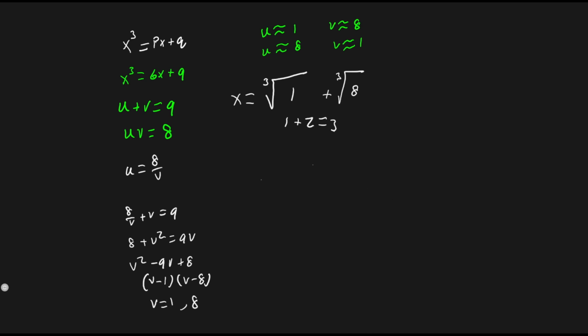So we get x cubed minus 6x minus 9. Let's just plug in x is equal to 3. So we have 27 minus 18 minus 9. That gives us 27 minus 27, which is indeed equal to 0.